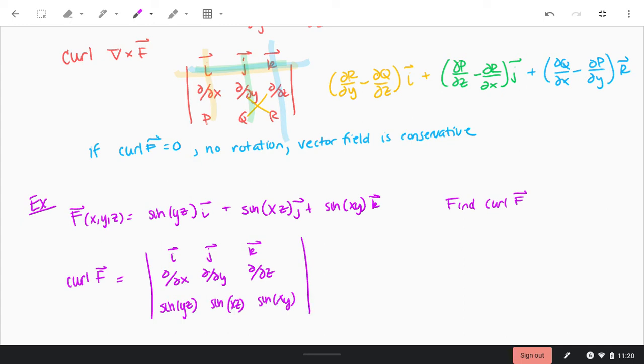Okay, so in our cross product there, we'll have the derivative of sine xy with respect to y. So the derivative of sine would be cosine xy, and then times the constant x.